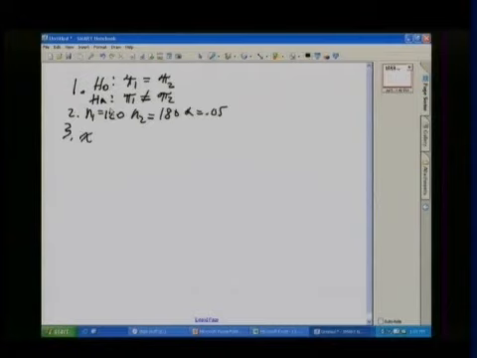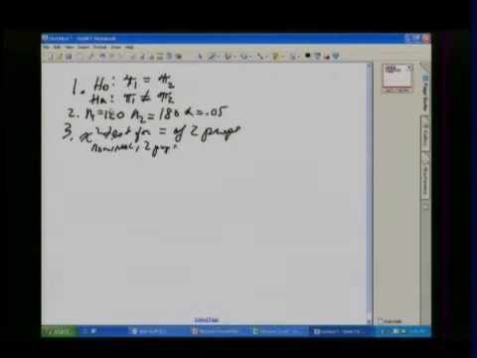This is a chi-square problem. It is a chi-square test for the equality of two proportions. The reason I know this is because I have nominal data. That means we're talking about percentages. I have two populations. I have independent random samples.